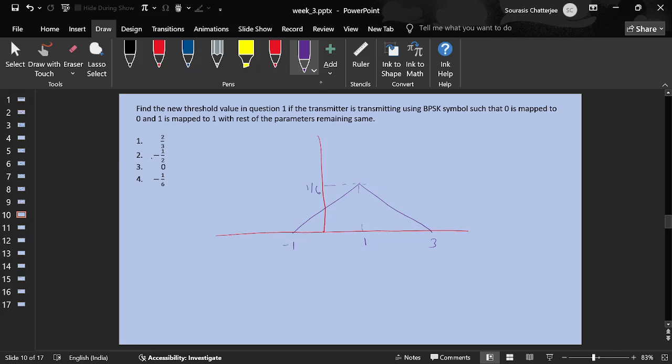So what happens to the other one, where should it be now? When 0 is mapped to 1 now instead of minus 1, where should the a posteriori PDF be? It's around 0. Is there any change in height, or does the height remain the same compared to the figure in this slide?